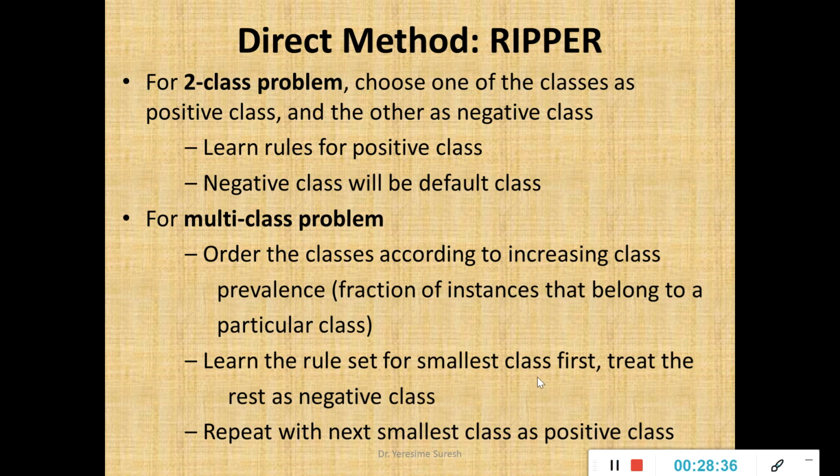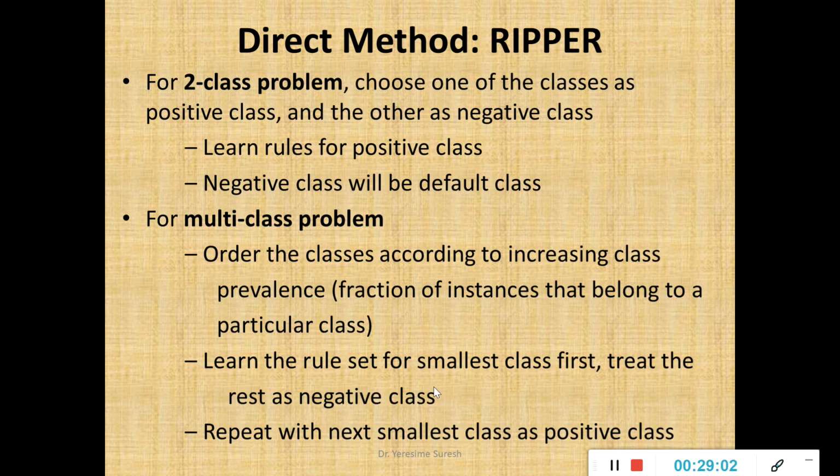Learn the rule set for small class first, treat rest as negative classes. Repeat the next small class as positive class. So what is this indicating? First, now say for example when there are n number of classes, right? You take a class which has small values, that means S is repeated only twice. Take such class as positive instance, remaining will be negative instances classes. Fine.